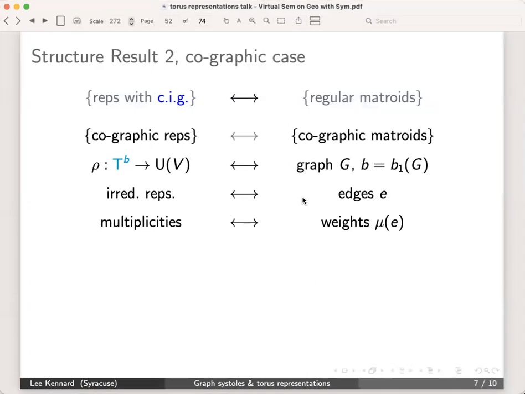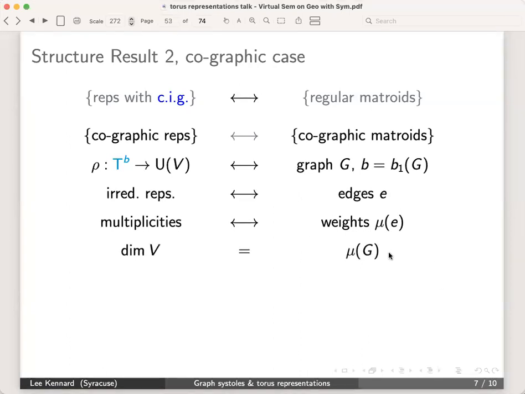What I didn't mention before was multiplicity. So, of course, you're not really introducing anything new in the sense of representations. You're just repeating things you already have. So there's a few different ways to denote this, but a nice way is to put integer weights on the edges. This is just labeling the multiplicities of the representations.